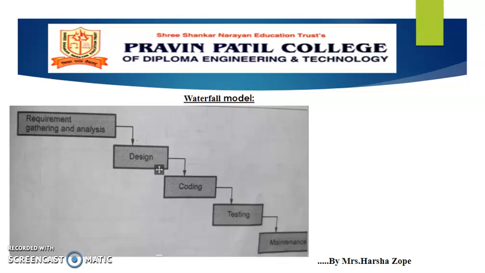In the requirement gathering and analysis phase, the basic requirements of the system must be understood by the software engineer. The design is an intermediate step between requirements analysis and coding. Design focuses on program attributes such as data structure, software architecture, interface representation, and algorithmic details.